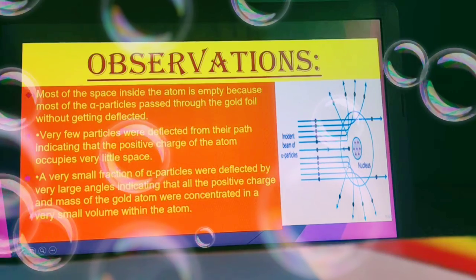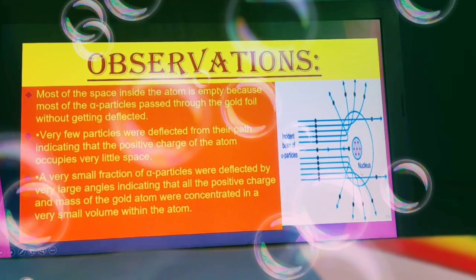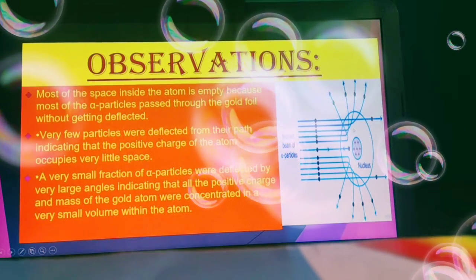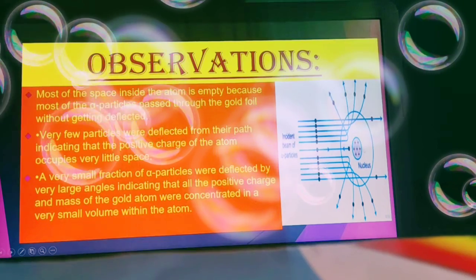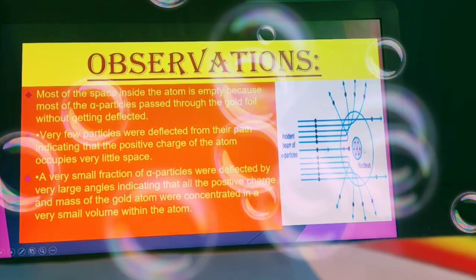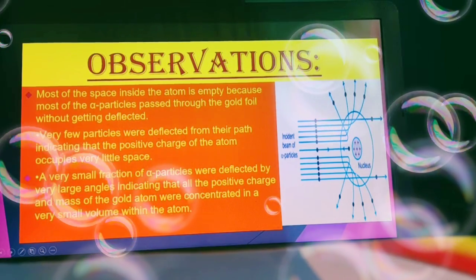Then next one is very few particles were deflected from their path, indicating that the positive charge of the atom occupies very little space, and this little space is also known as nucleus.